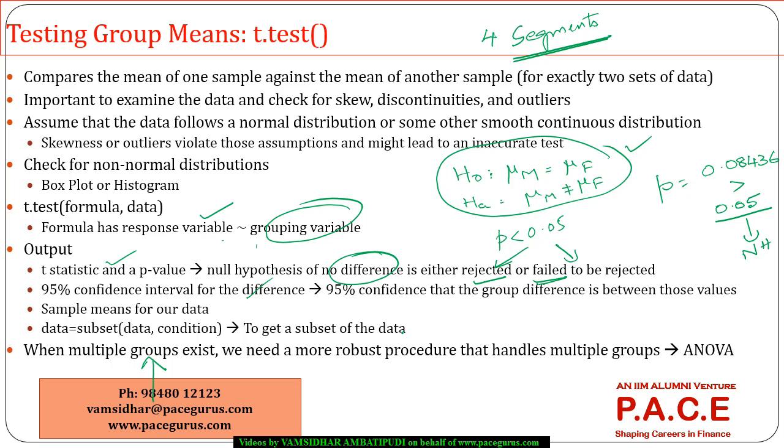I would have to do multiple t-tests, or engage a much more robust procedure called ANOVA. ANOVA is analysis of variance, and that is what I can use when there are multiple groups across which the means need to be compared. So in the next topic, we are going to look at ANOVA in more depth. All right.